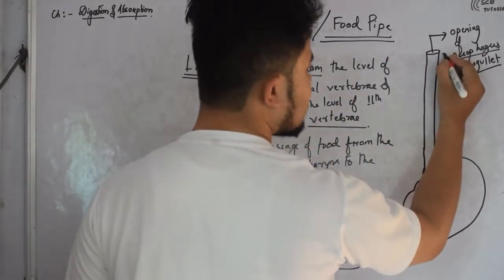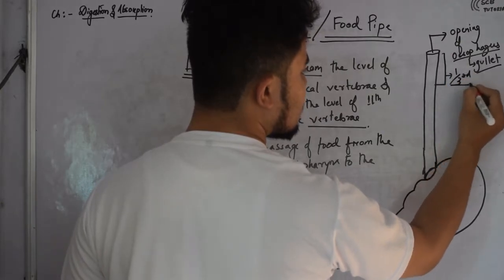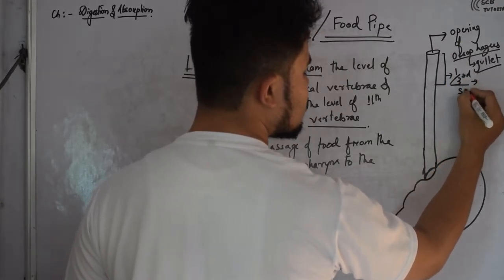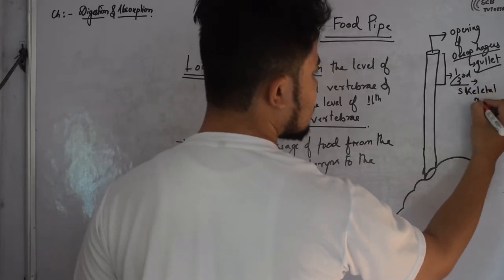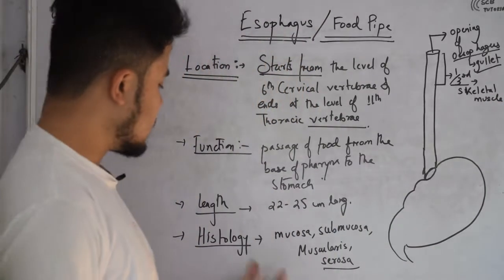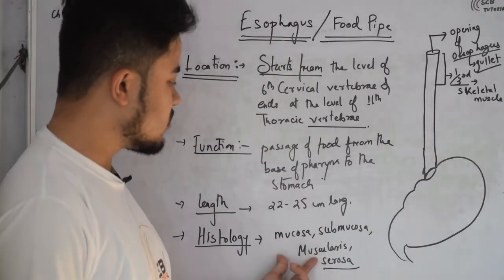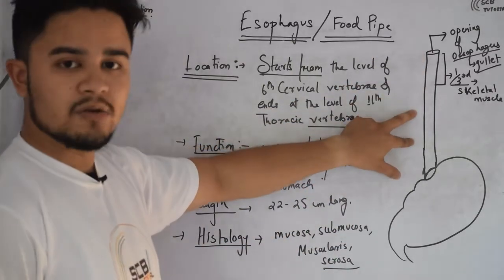In the upper third region of the esophagus, the muscularis layer has skeletal muscle. The rest of the tissue layers will be the same, but the muscularis is different in different regions.